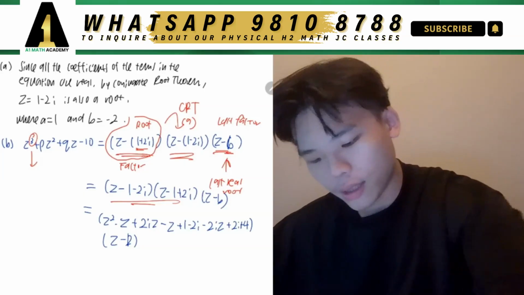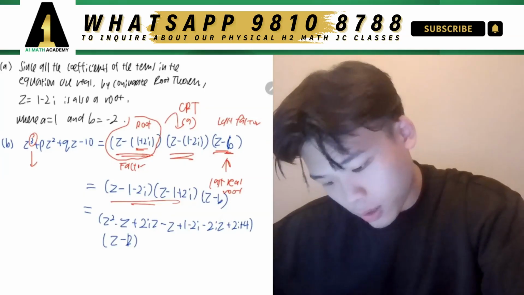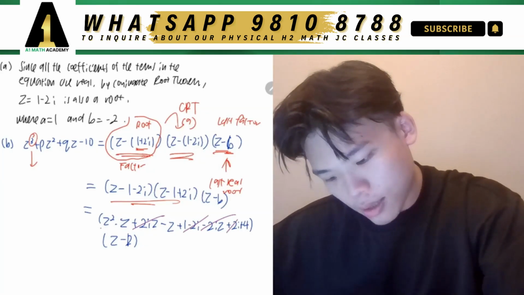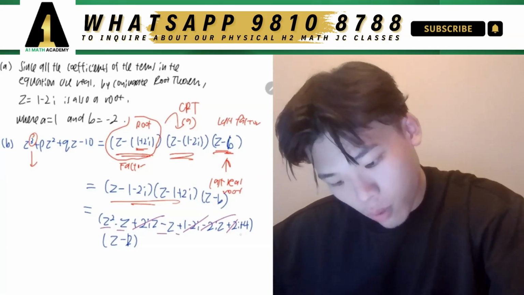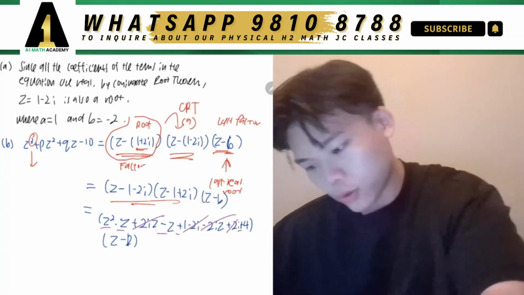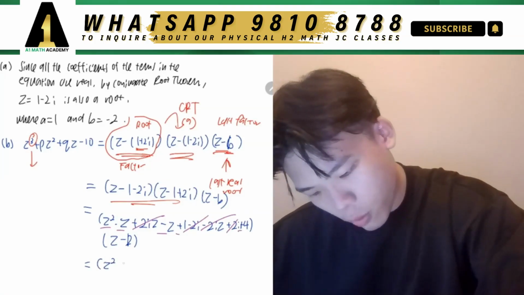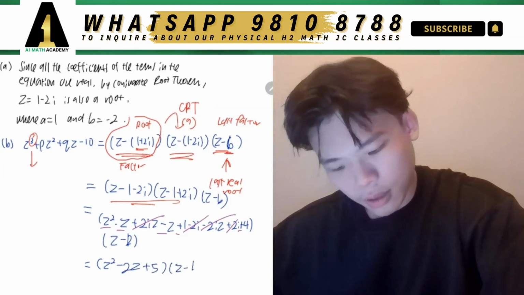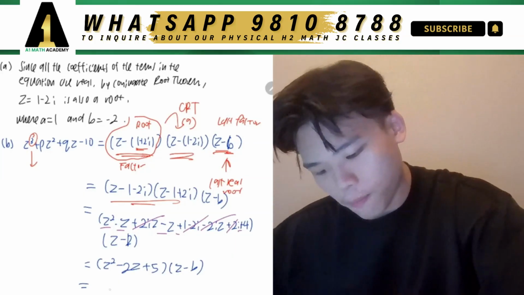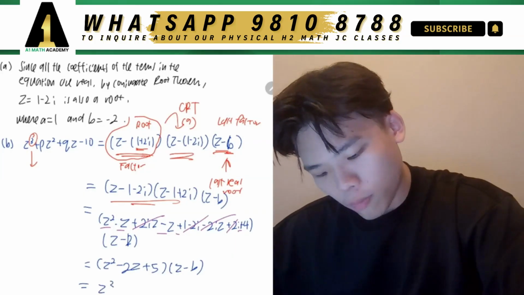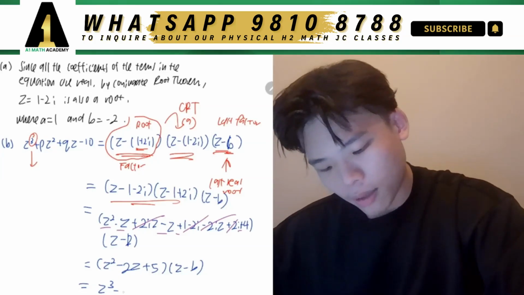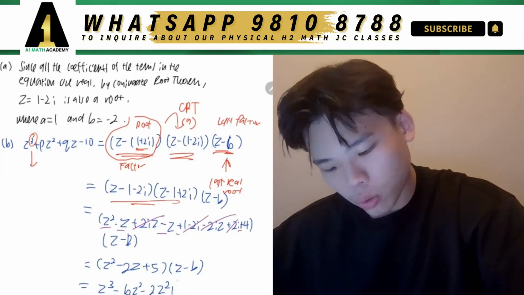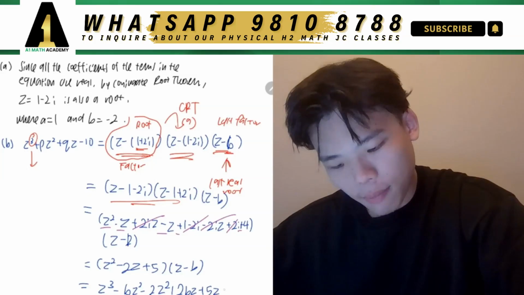So from here, we just simplify this. The 2iz will cancel out the 2iz, and the 2i will cancel out the 2i here, and then we have z squared minus z minus z plus 1, and then here is plus 4. So when we simplify this, we essentially get z squared minus 2z plus 5, bracket, z minus b, and then we further expand this, we'll get z cubed minus b z squared minus 2z squared plus 2bz plus 5z minus 5b, right?